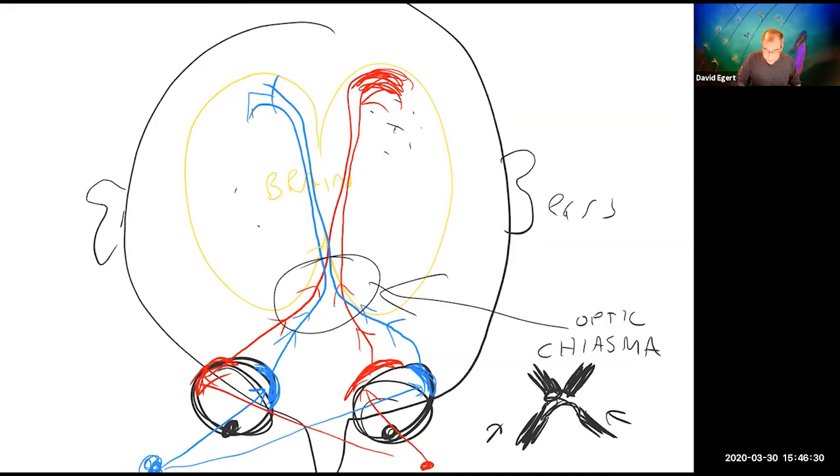But in reality, what's happening is, again, each eyeball is sending stuff to both sides of the brain, to give the brain information about the specific side of your visual field.